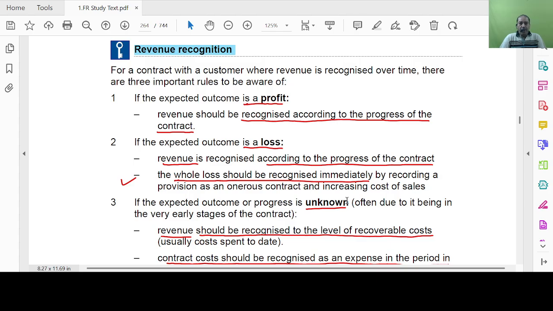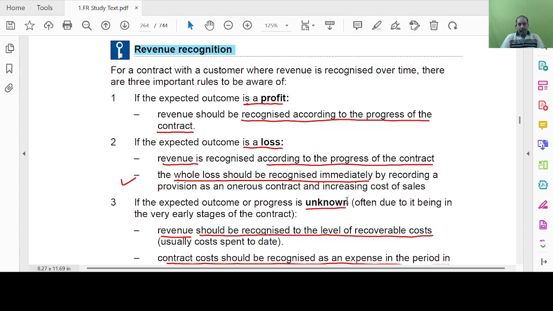That means 20 out of 50, which comes to 40%. So I can use the measurement on the basis of output generated, or on the basis of the input that has been consumed. On that basis I will calculate the percentage of work completed.